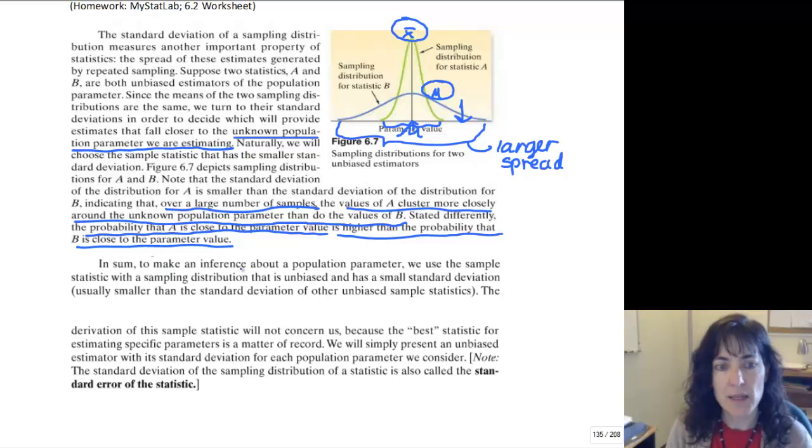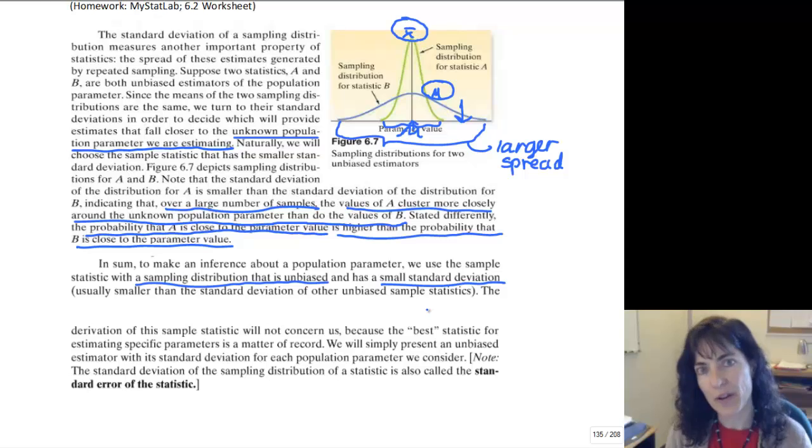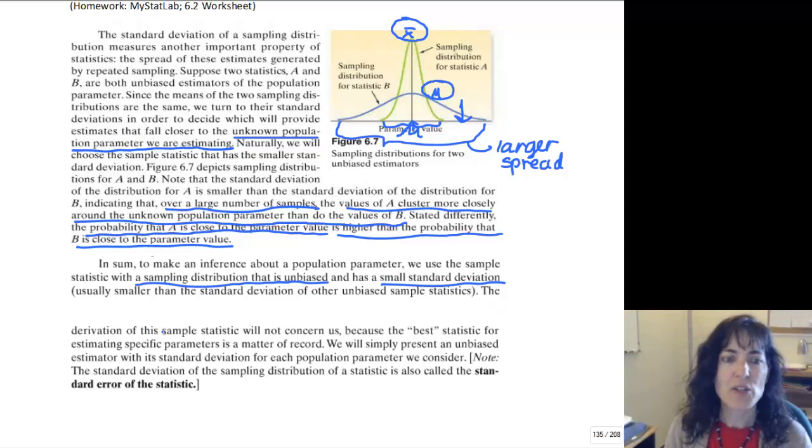Okay, in sum, to make an inference about a population parameter, we use the sample statistic with a sampling distribution that is unbiased and has a small standard deviation, usually smaller than the standard deviation of other unbiased sample statistics. So the deviation of this sample statistic won't concern us really, and we won't worry about it too much, because the best statistic for estimating specific parameters is a matter of record.